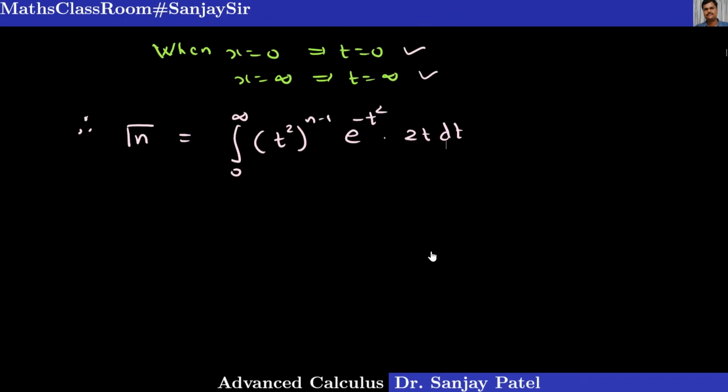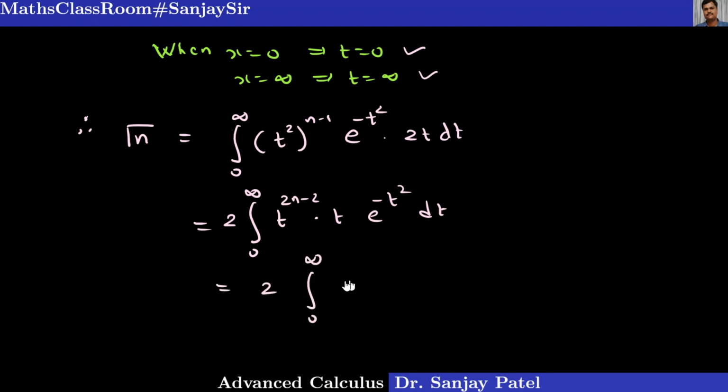Simplifying, this is equal to the integral from 0 to infinity of t raised to 2n minus 2, this 2 I can write here, into t into e raised to minus t square dt, which is nothing but 2 times the integral from 0 to infinity of t raised to 2n minus 1 e raised to minus t square dt.